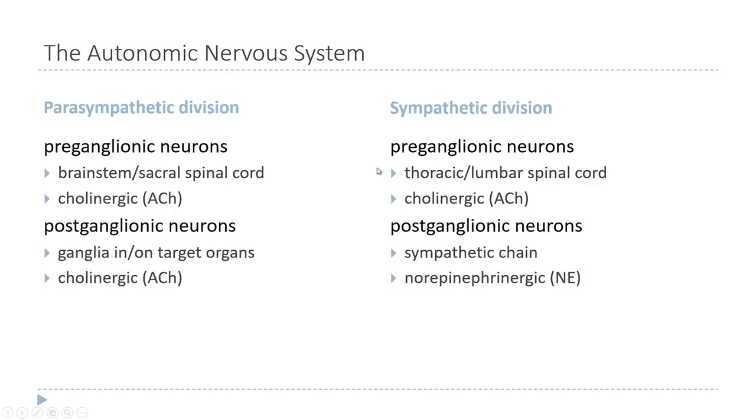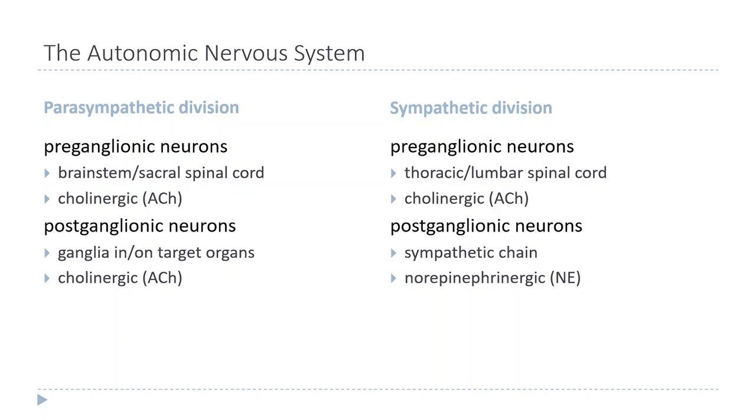But the postganglionic neurons of the two divisions have quite a bit that is different. In the case of the parasympathetic division, the ganglia, in other words, the neurons that are getting input from the brain and spinal cord, are in or very close to the target organ.